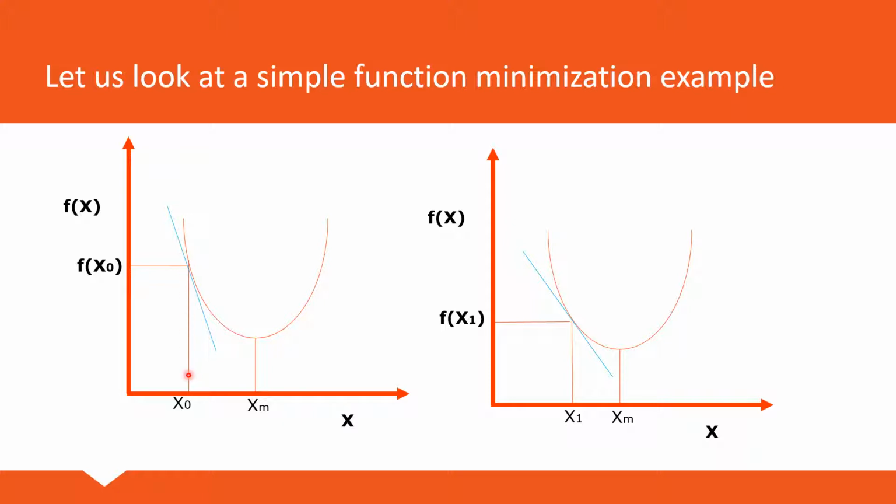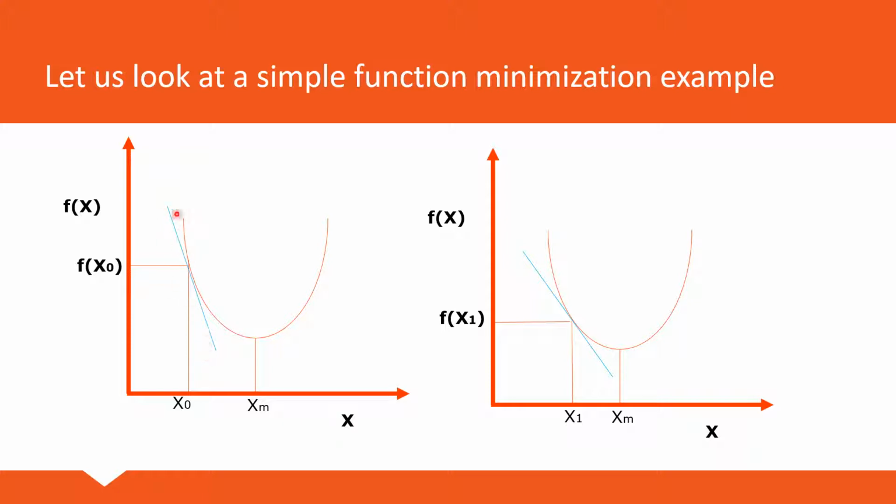So let us compute the gradient or the derivative of the function f at this point x naught, and that is nothing but the tangent, the blue line which is showing up here. It is very intuitive from this diagram itself that if I have to move x naught in the direction of the desired solution xm, the magnitude of the movement should be proportional to the magnitude of the gradient of this function f at x naught, right?